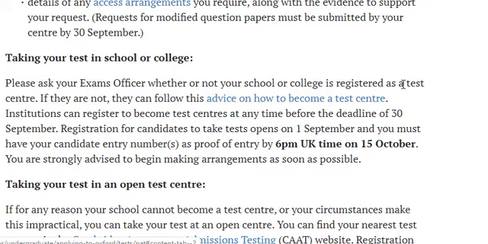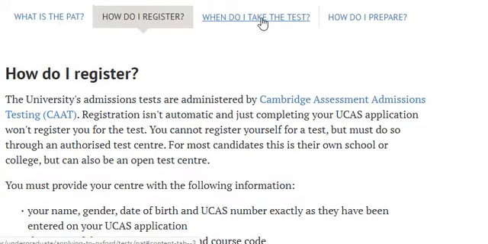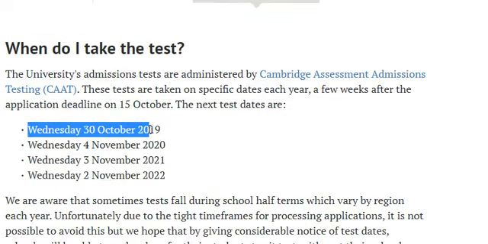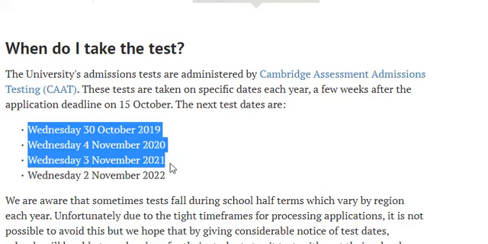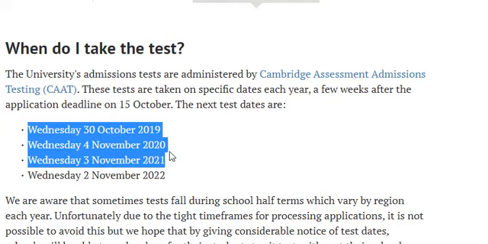If they are registered as a test center, you can take the test at your school. And then how do I take the test? These are the dates for the test: Wednesday 30 October 2019, then Wednesday in November 2020, and then November 2021. So one year apart.